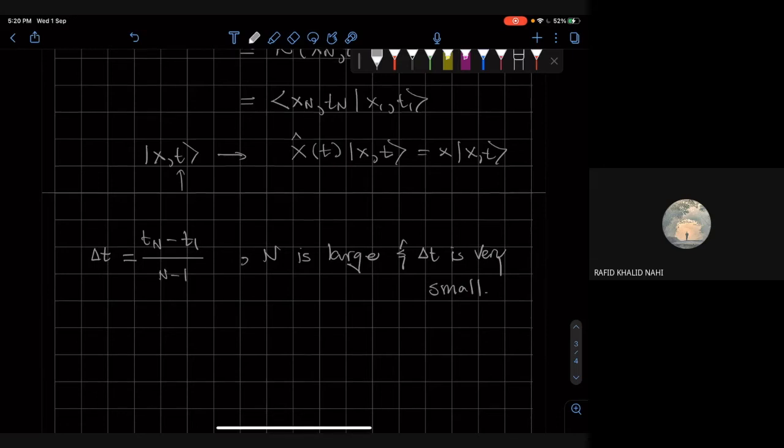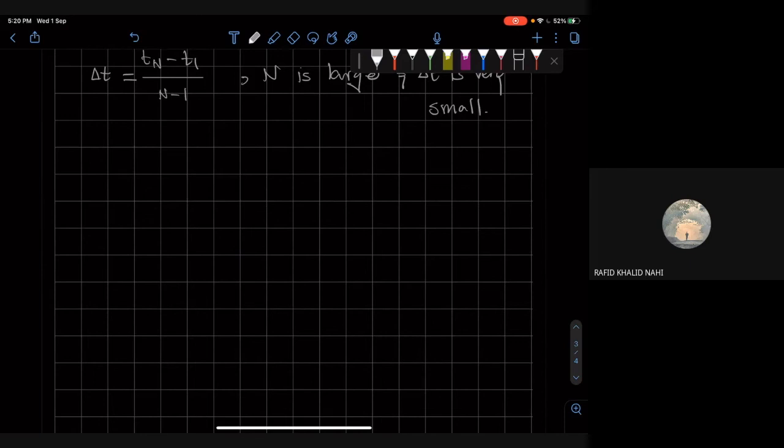So what we have done is that we have taken this time axis, and this is, say, the time tn, and this is, say, time t1, and we have divided up this interval into n-1 pieces, right? And the x-axis is the position axis.